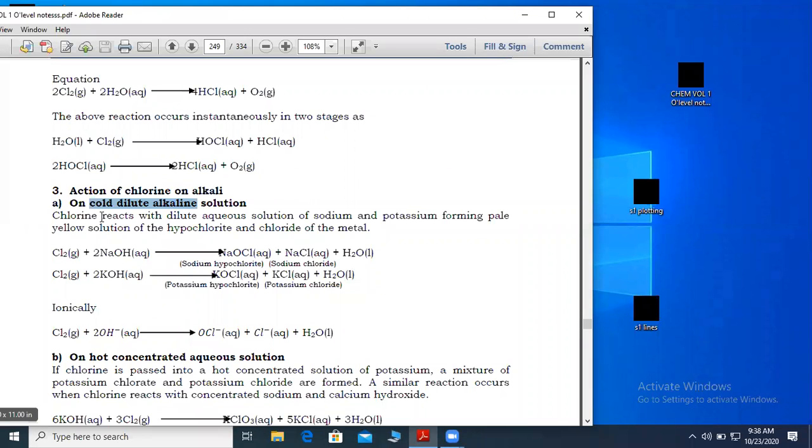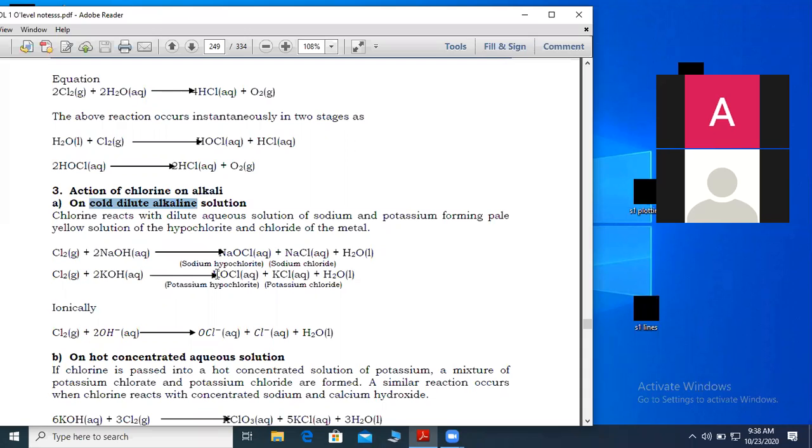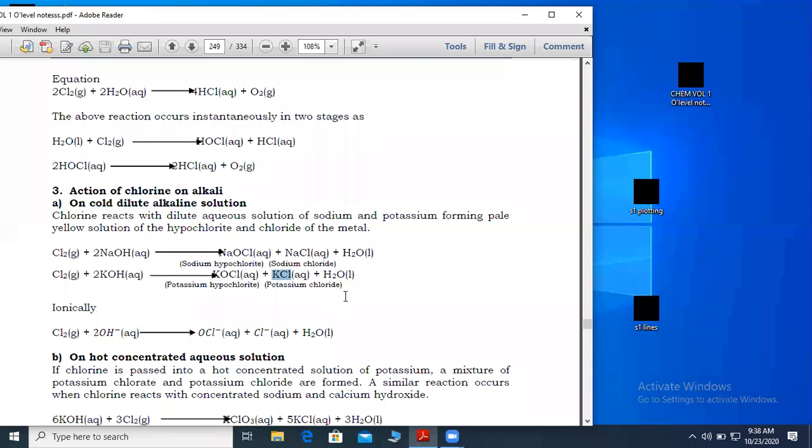So when sodium hydroxide is cold and dilute, we form sodium hypochlorite plus sodium chloride plus water. And what sodium does, potassium will do. For potassium, it will be potassium hypochlorite plus potassium chloride, then plus water.